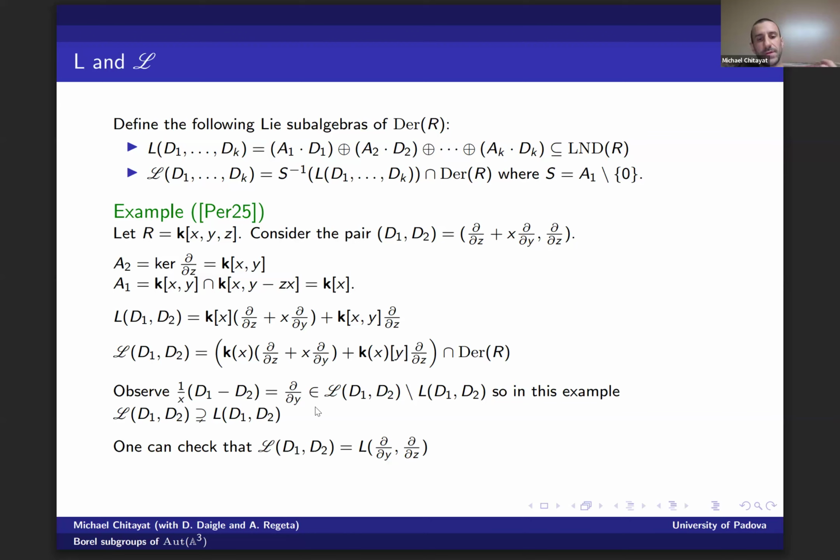However, if we are clever about our choice of derivations, we can somehow replace this d1, d2 by some other derivations e1, e2, so that this curly L can be written in the form of a straight L. So in some sense, in this special case, the Lie algebras of this form, this curly L, are not necessarily bigger, quote unquote, than the Lie algebras of this form, this straight L.